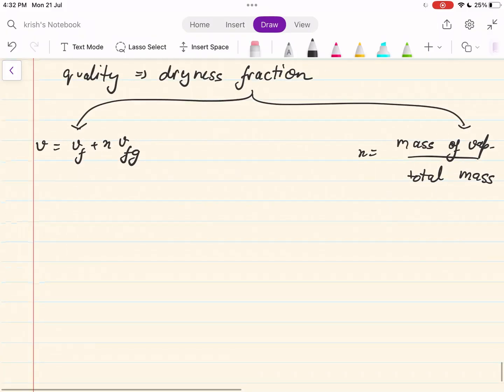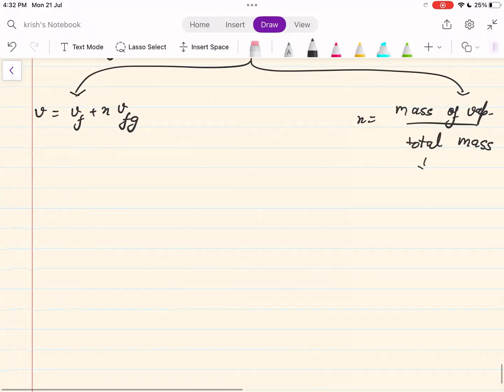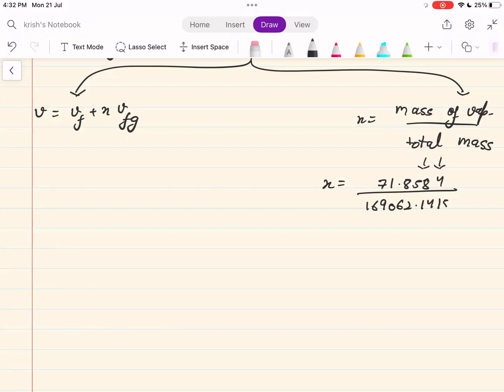I will be using this method simply because it is more convenient, because we have all of the quantities, right? X equals mass of vapor, which we found to be 71.8584, upon the total mass, which we found to be 1690.62.1415, and X will come out to be 4.2504 into 10 to the power minus 4 into 100%.